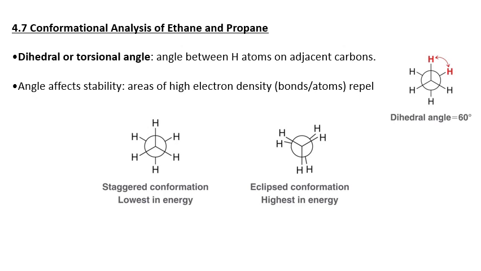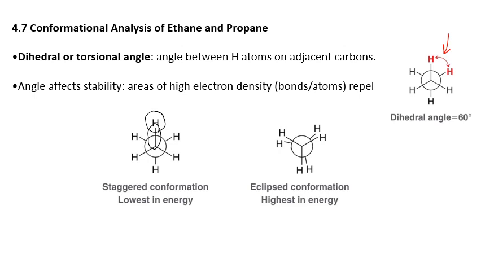So this is your dihedral angle right here. This angle affects the stabilities of the molecule and the rotational state because these have areas of high electron density where we have bonded atoms. So for example, the hydrogen atom has a region of electron density, not only on the atom, but in the bond.